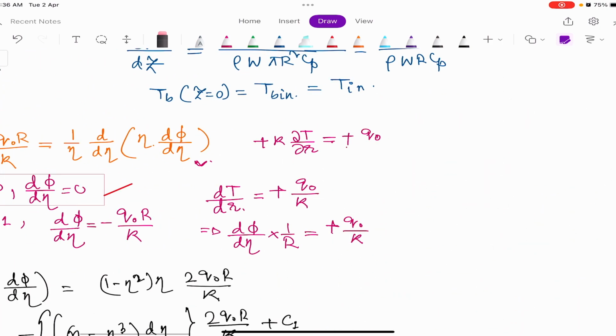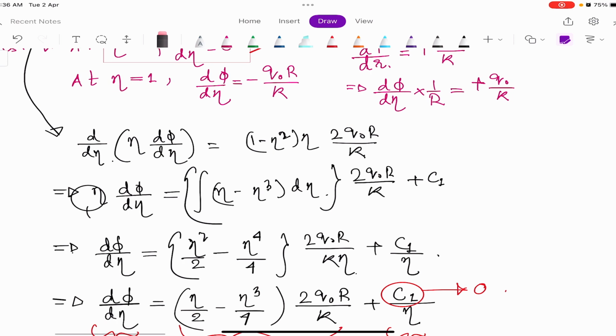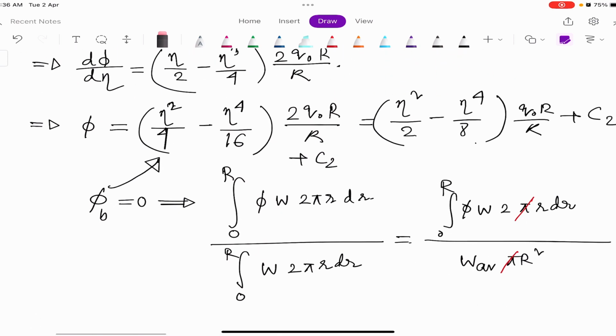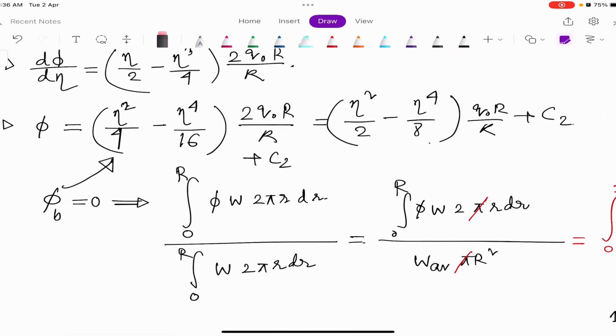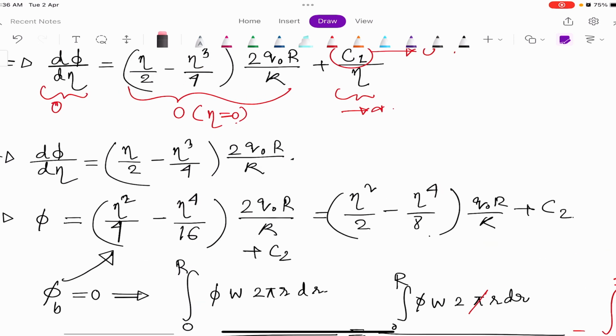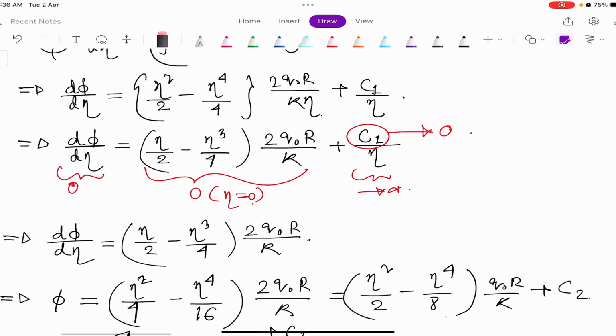So if I have done it right, let me see what was the eta. So eta was this, right? So maybe I have done a silly mistake. Let me see.